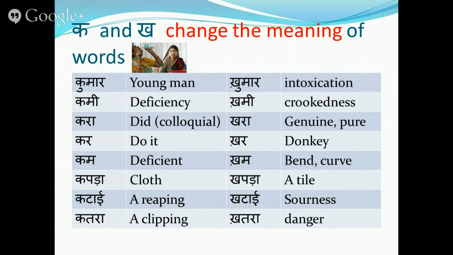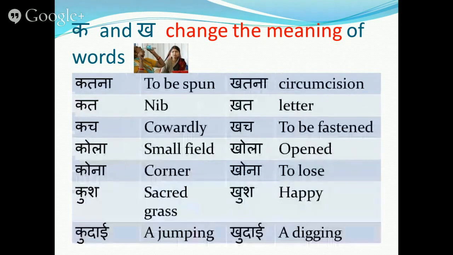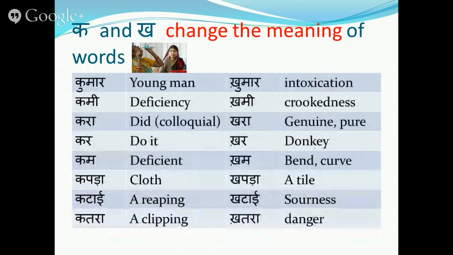Khar, one way of saying donkey. Kam, deficient. Kham, bend or curve. Kapda is a cloth. Khapda, a tile. Katai is a reaping. Khatai, sourness. Katra, a clipping. Khatra, danger.